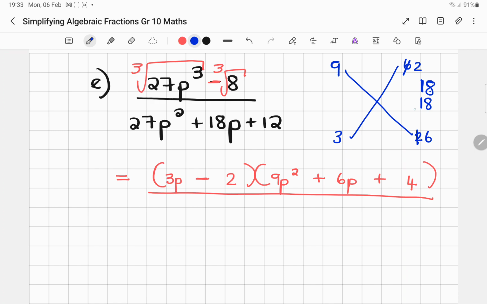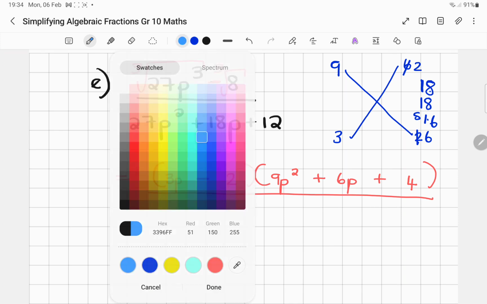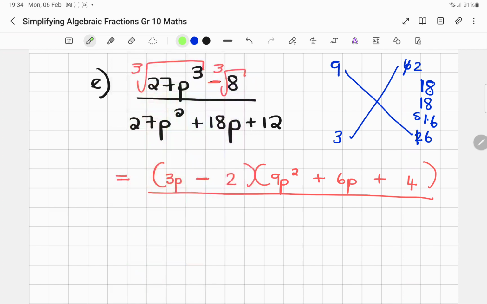9 times 6 is 54, and 6, no, that won't work. I'm just going to start using another color quickly. Sorry, no, I'll choose the same color. Then, so 9 times 3, I'm going to stick to, and 12, I'm going to make 4 and 3.